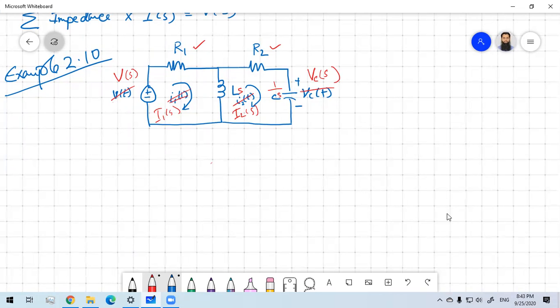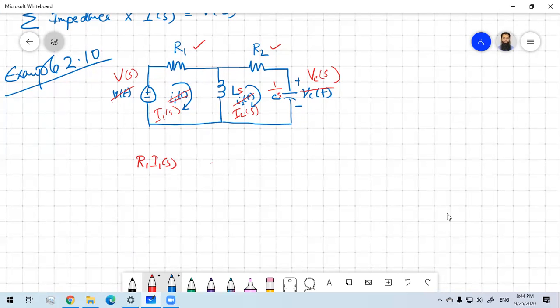So how to do it? The basic idea is as before. What you have to do is the summation of the voltage. You start with the resistor. So R1 I1(s) plus the voltage in this inductor will have the current I1 minus I2.